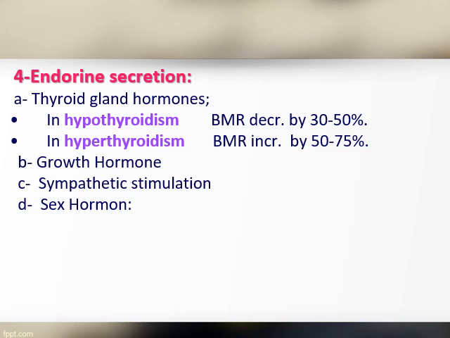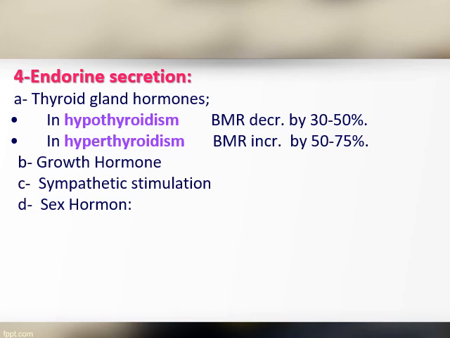The secretion of sex hormones also affects the basal metabolic rate. For example, there is a fluctuation in the basal metabolic rate during the menstrual cycle. At mid-cycle, there is a decrease in the basal metabolic rate, and there is an increase by 7.7% in the post-ovulation.